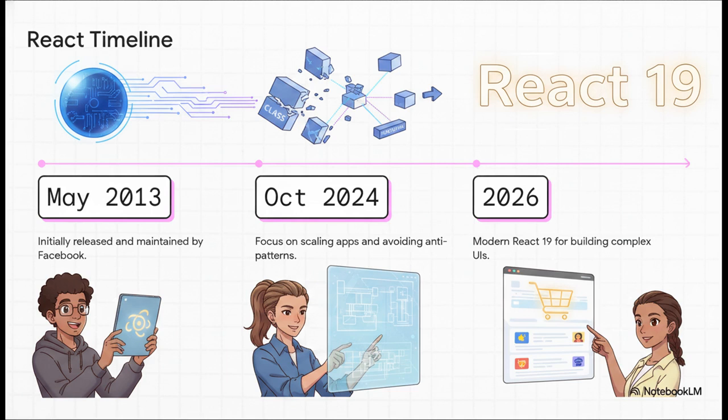By October 2024, the development community's focus really zeroed in on scaling applications properly and stamping out those nasty architectural anti-patterns. And looking ahead to 2026, modern React 19 is for sure the standard for building complex, highly interactive experiences, think advanced online shopping apps. It's a constantly evolving ecosystem, but the core principles, they remain incredibly powerful.